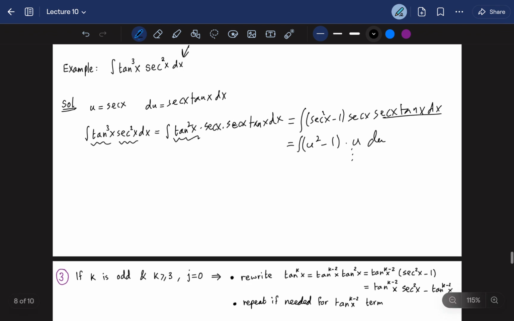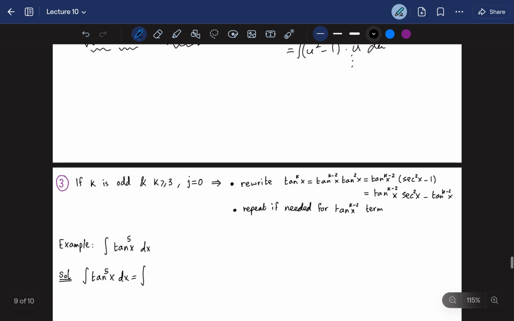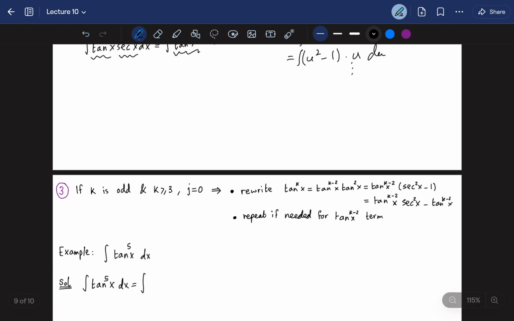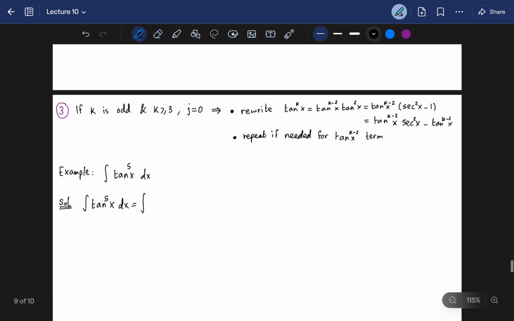Now if we have k to be odd by itself, so I only have a tan in my question. Tan with an odd exponent, sorry. So to do that, we're going to take a tan squared by itself and see what happens.